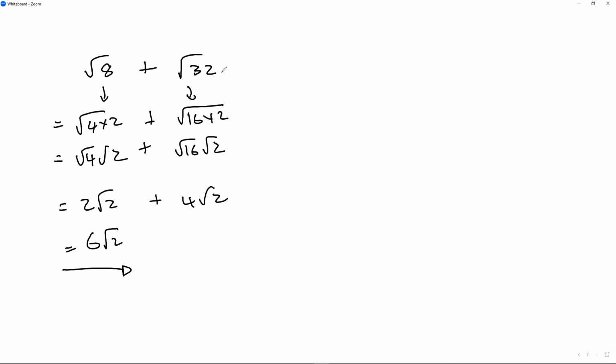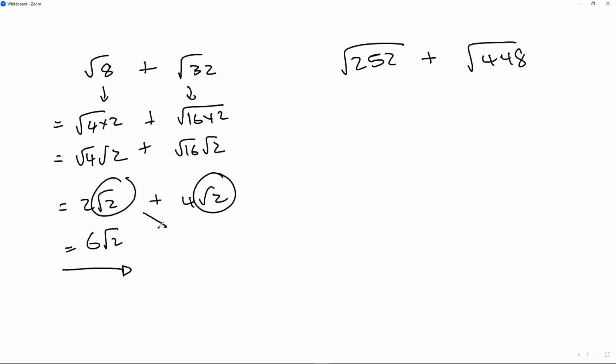And I'm done. But if I've got a big number like 252 plus 448, what you notice before we continue is this is like 2x plus 4x equals 6x kind of scenario.